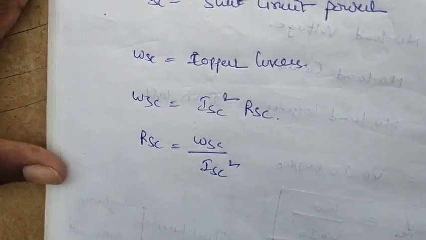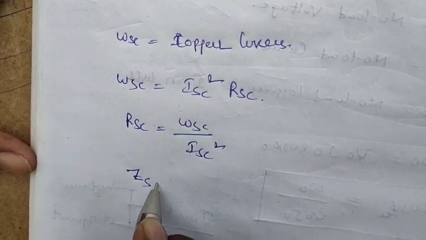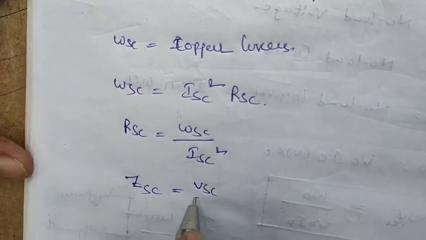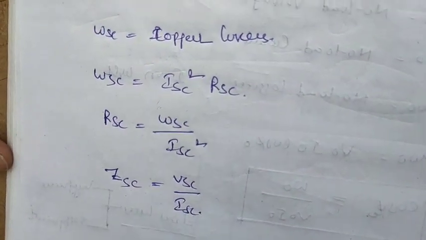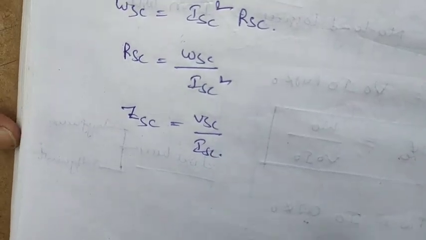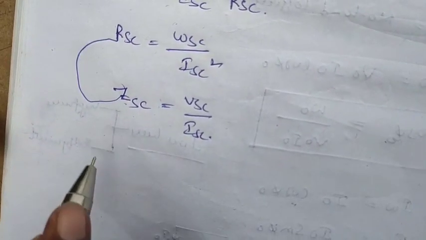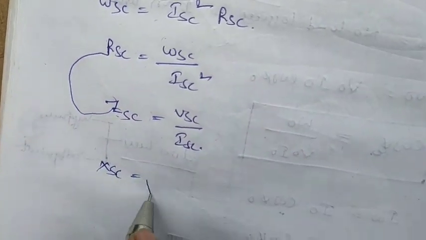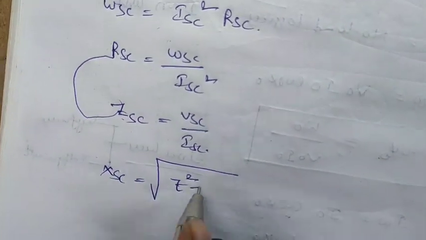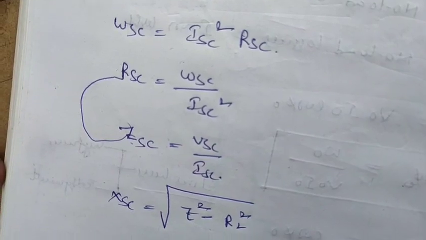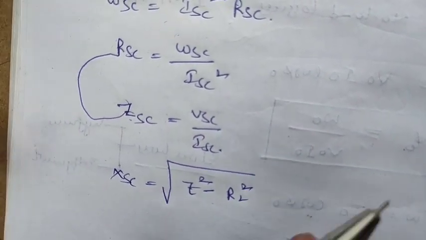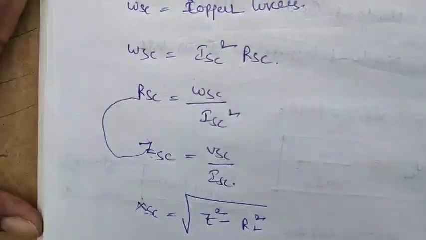The impedance Zsc equal to Vsc by Isc. From Rsc and Zsc we can calculate Xsc, that is equal to the square root of Z square minus R square.